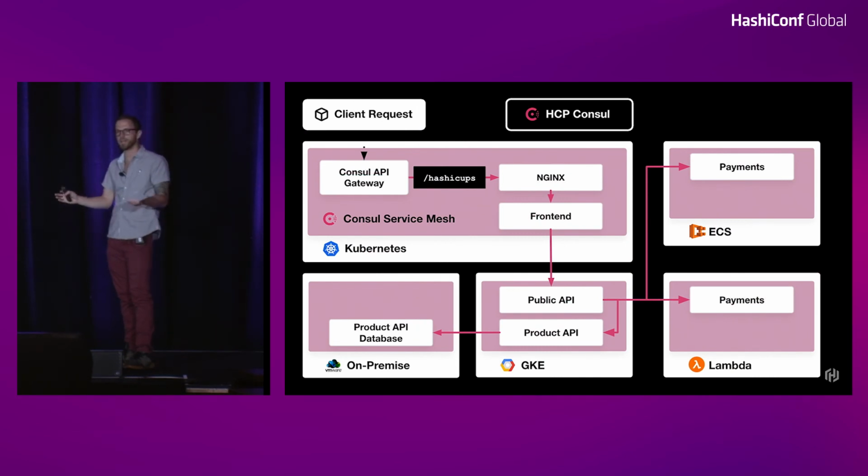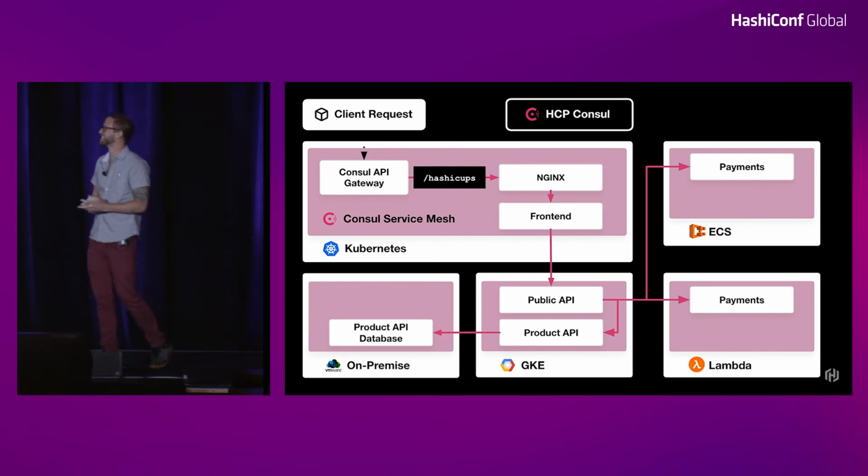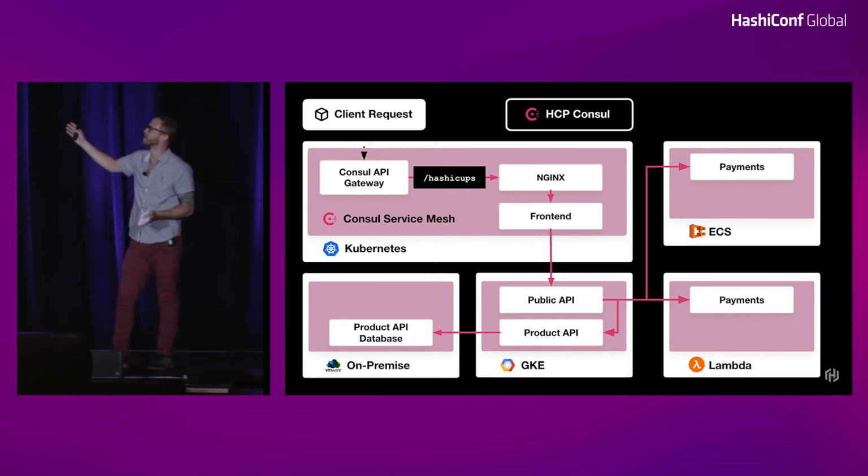The bigger pattern here, like that was the pattern for Lambda, but the bigger pattern here that I want to touch on is, while this is a completely silly architecture and we would never really split up our demo application that way, it probably costs a lot more than it really needs to, amongst other things. But the point that I'm trying to make is that it doesn't really matter what platform or runtime you're running your microservices on.